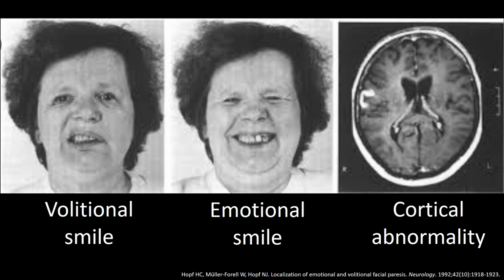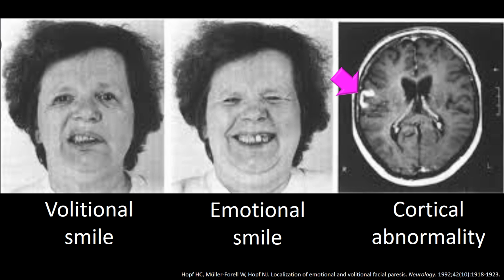Next question. You have two smiles. A, true; B, false. This case was published in 1992. You can really see the difference between volitional and emotional smiles involving the lower quadrant of the face.